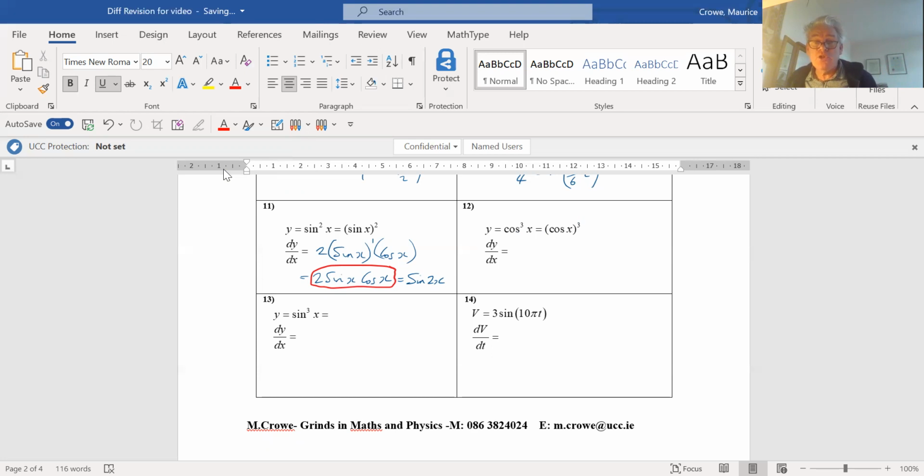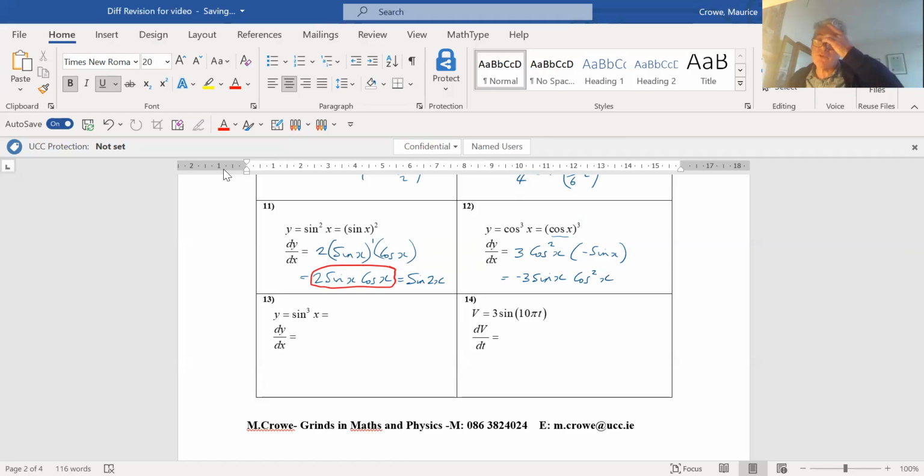Now, cos cubed x, cos x, all to be cubed. Right, derivative 3. Cos squared x multiplied by the derivative of the cos x, minus sine x. That's it. So that's going to be minus 3. I put the sine x first. I don't know why I just do. That's what I do. It doesn't matter.